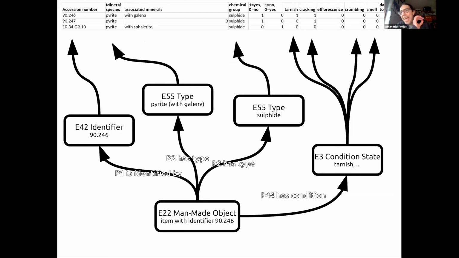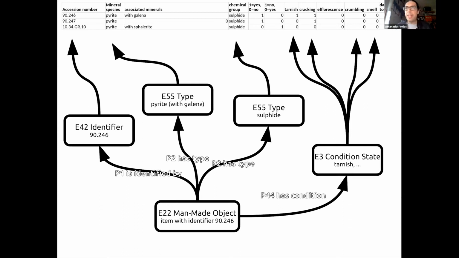So each line of the spreadsheet is a separate object, a separate mineral sample specimen, yeah? So each one of them is an E22 man-made object. Each line in the spreadsheet is a man-made object. Now, the question is, of course, natural history specimens are not man-made.